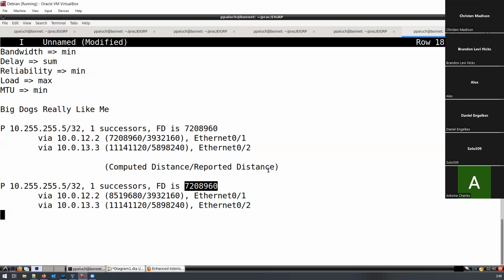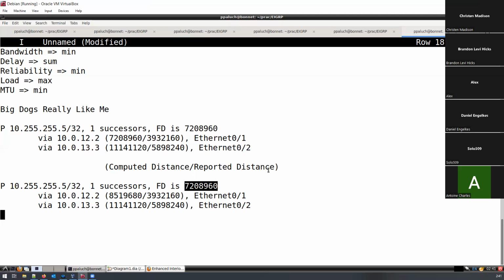That event, when I can reset the history and just erase it and start from scratch, is when EIGRP goes into the active state for the route and performs what we call a diffusing computation. That's the only moment when we can reset the feasible distance to positive infinity and then set it to the new minimum that we have.